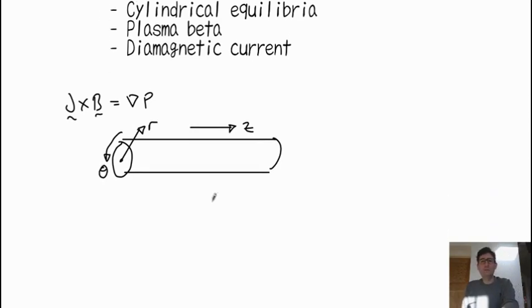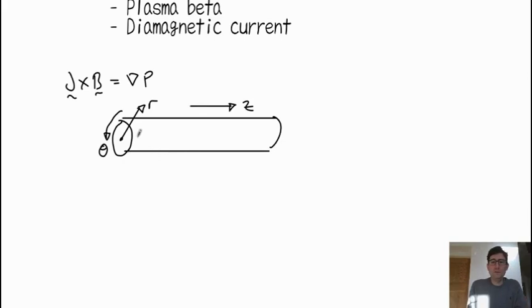And what we have in this geometry is a magnetic field which is just down the axis, so we have a B which is going this way. So B is equal to some function of radius times the Z unit direction. We have some external coils which produce a magnetic field in this direction.